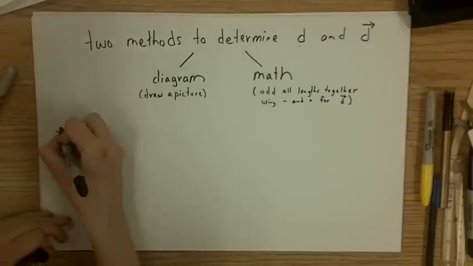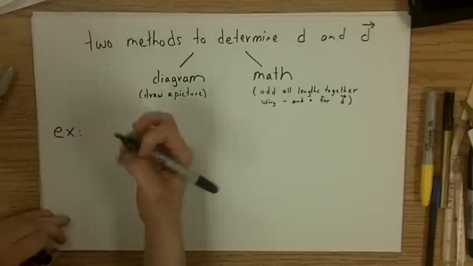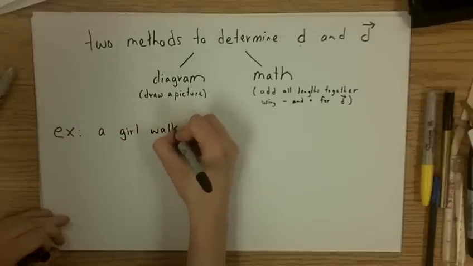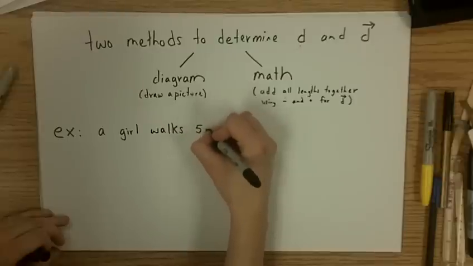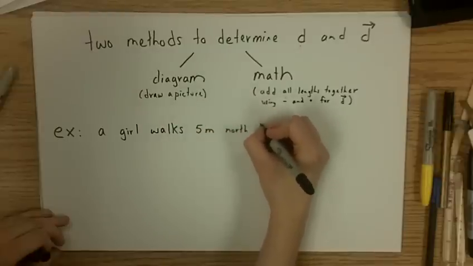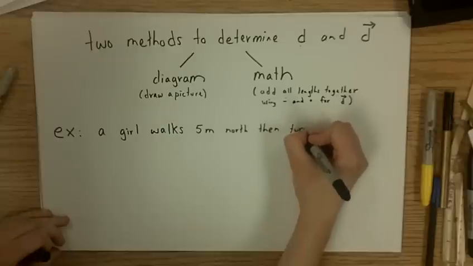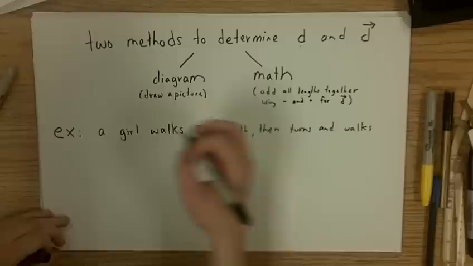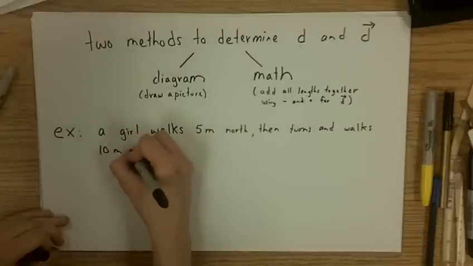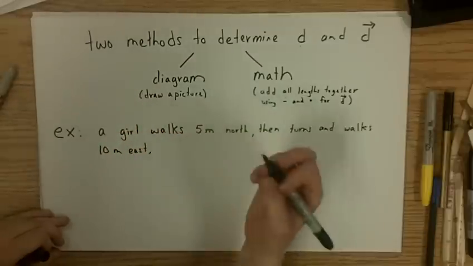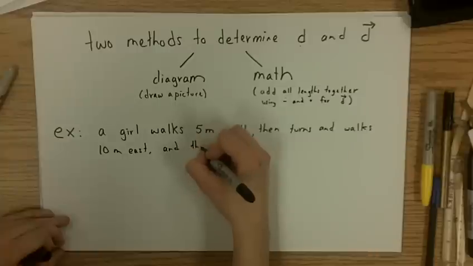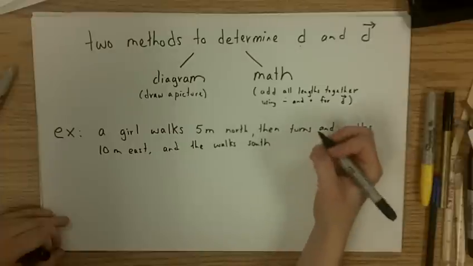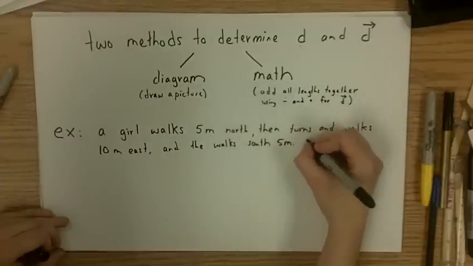So here's an example where I'll use both methods. A girl walks 5 meters north, then turns and walks 10 meters east, and then walks south 5 meters.